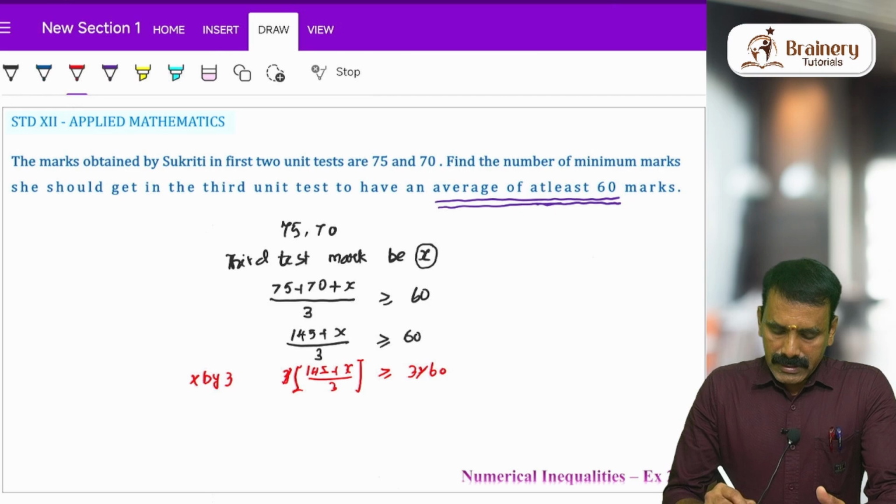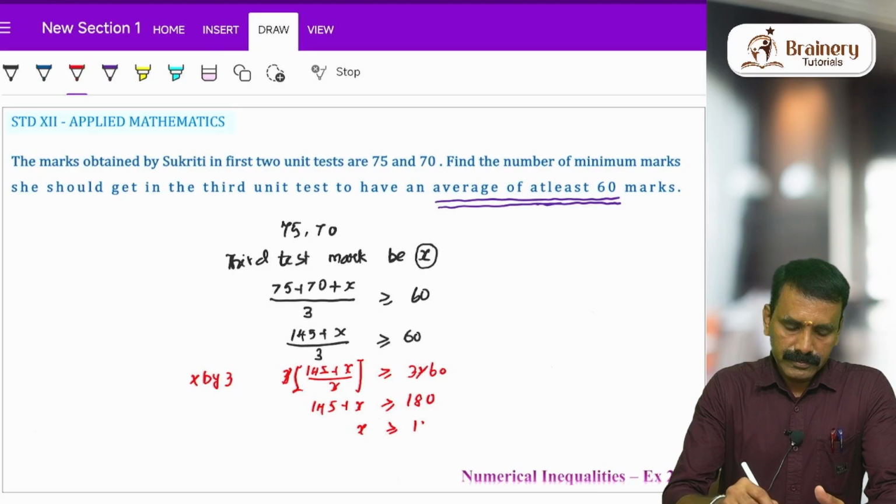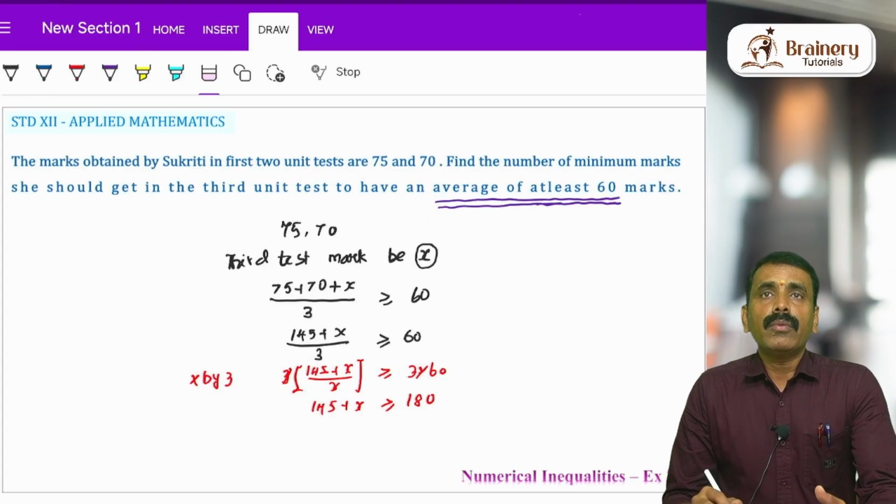On the left hand side, this 3 is getting cancelled. So it is 145 plus x greater than or equal to 3 into 60. 3 into 60 is 180. So 145 plus x is greater than or equal to 180.